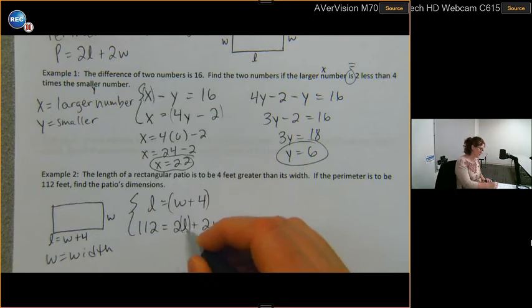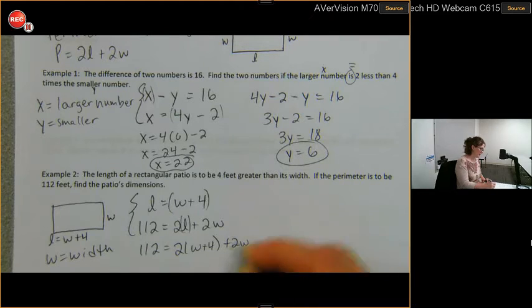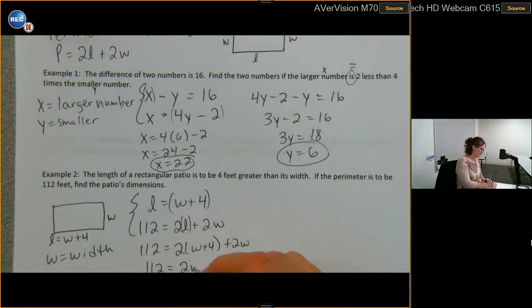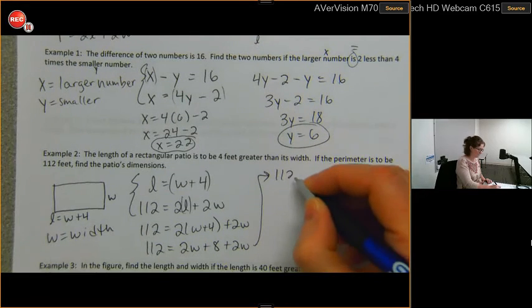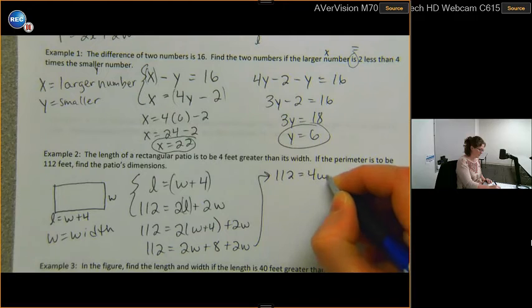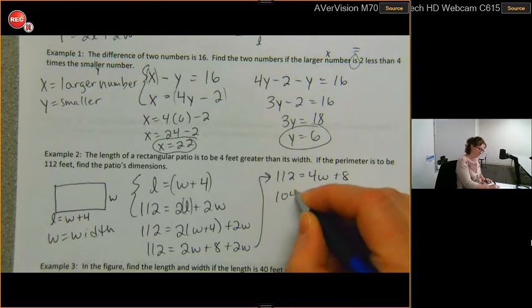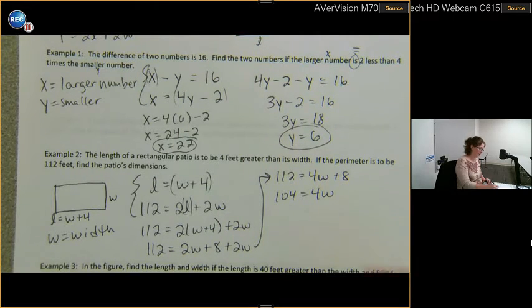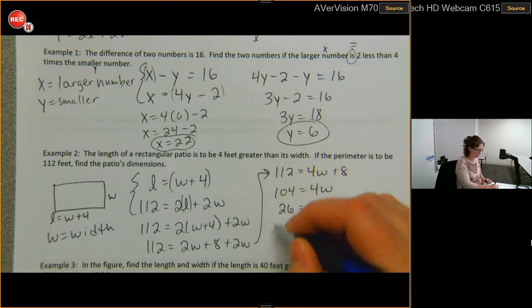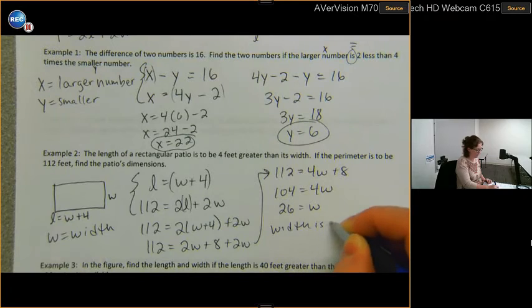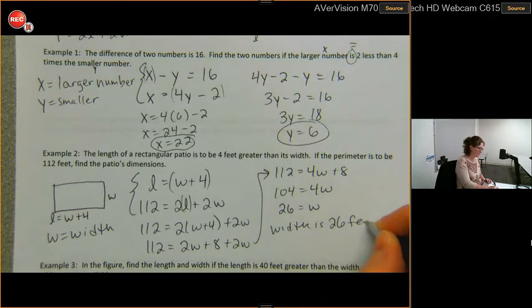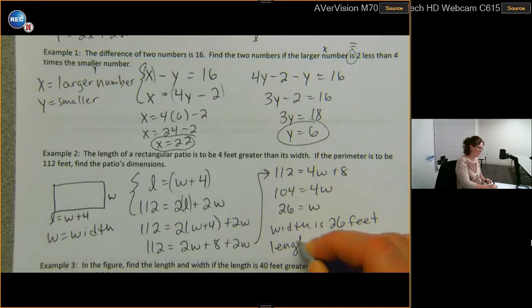I'm going to put in W plus 4 for the L. So 4W plus 8, subtract 8. Divide by 4 and get the width is 26. My label is feet. The length is 4 feet more than that, so it's 30 feet.